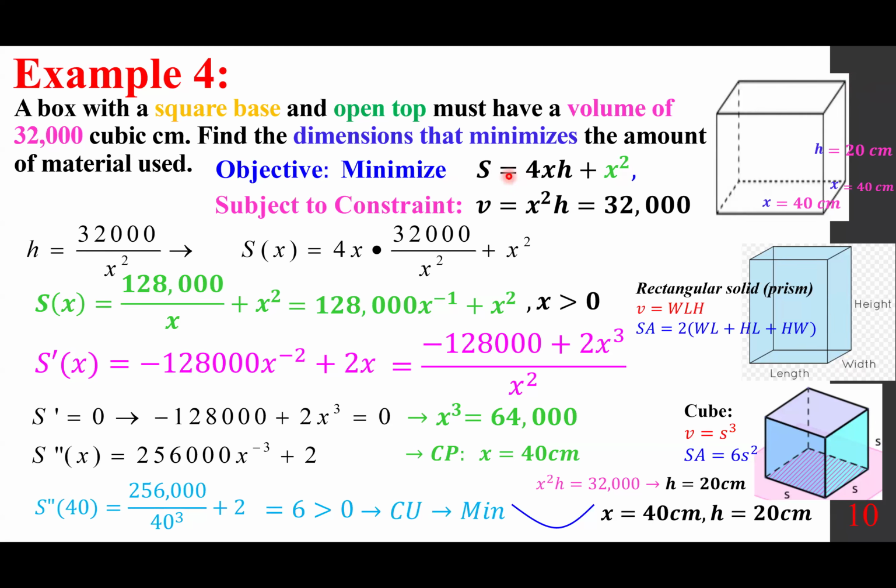What is the minimum material? 4 times x, which is 40, times h, which is 20, plus x squared, which is 40 squared, resulting in 4,800 square centimeters. Very straightforward, everybody.